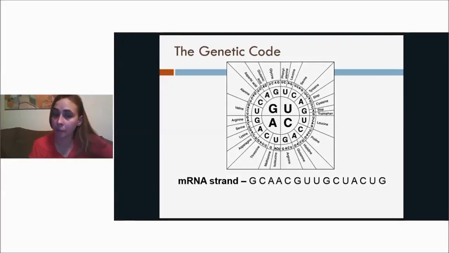So if this is your mRNA strand, and you have your codon wheel here, the codon wheel is read from the inside out. So GCA would be your first codon, and you would read the G that is in the very inner circle first, the biggest one. So you know that your answer has to be in the upper left quadrant of this chart.